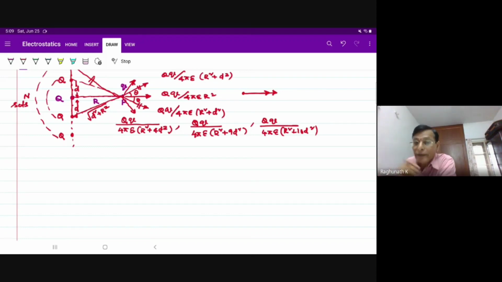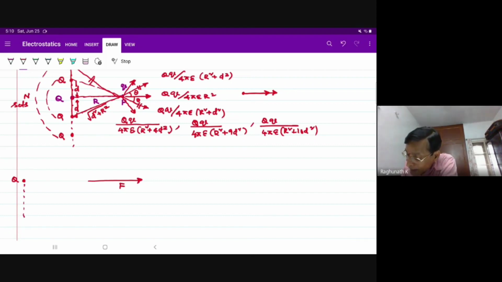To calculate that, listen now. This is one force which is because of the charge Q. I know the magnitude of it as capital Q small q divided by 4 pi epsilon R squared.